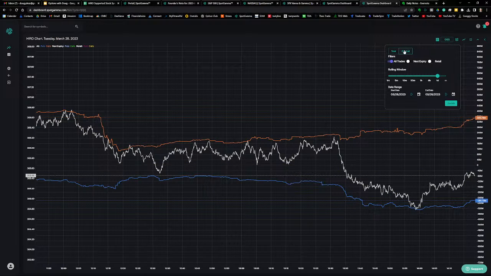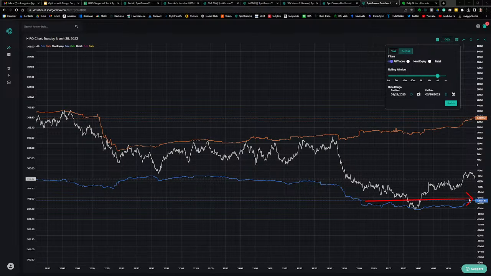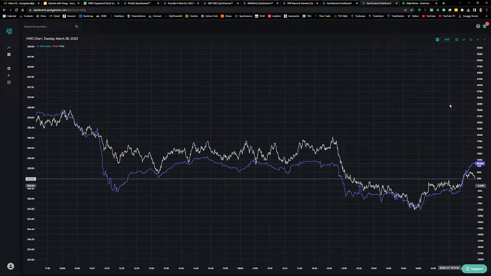So now the call buyers are in control. And traders look like they have at least stopped buying puts, maybe even selling a few puts with a slightly rising blue line there. So at least for the moment the call buyers are in control. All right, let's take a look at Tesla.